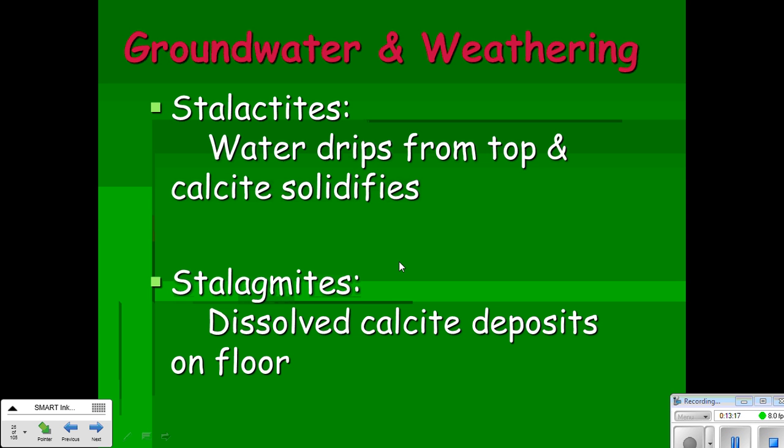And in your notes it says something about a mnemonic, but the way that I'm going to tell you how to remember it is that stalactites have the C in it, and ceiling starts with C. So stalactites come down from the ceiling, or stalactites hold tight to the ceiling. I've heard some people say that. Stalagmites grow up from the ground. Ground, stalagmites, ground. Put it together that way.